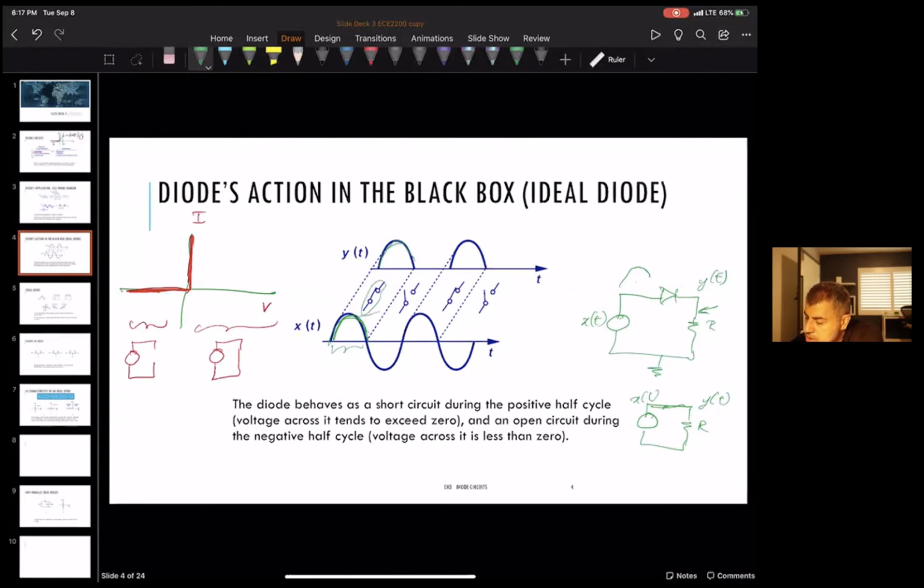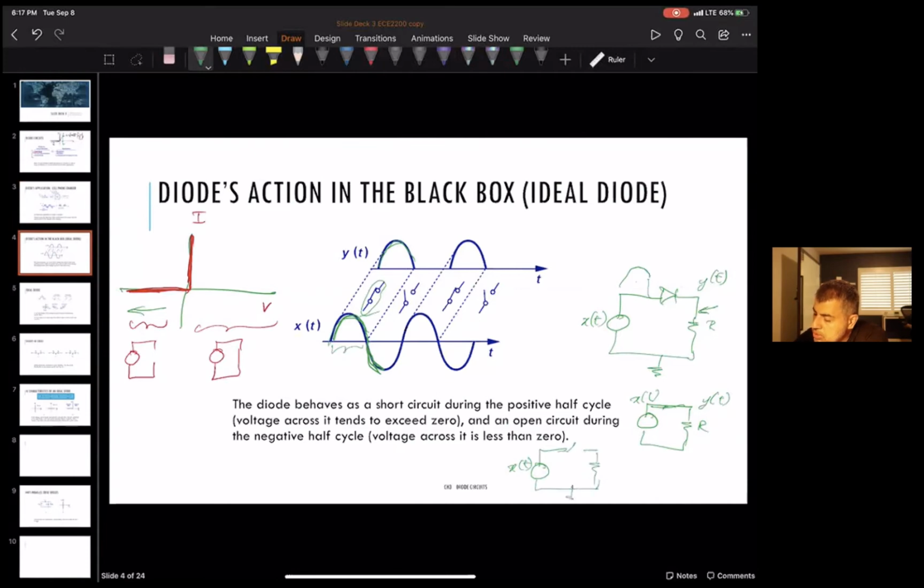As soon as x of t goes negative, out here, the diode acts like an open circuit. So you get the x of t, and then it's an open, and then we have a resistor to ground.